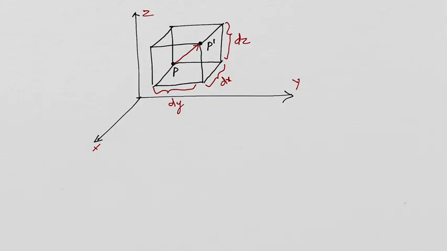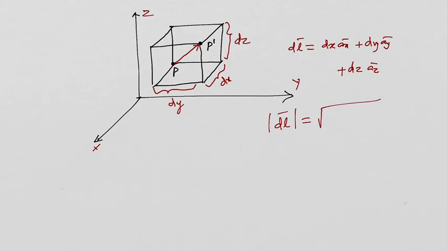So how will you represent the differential vector? dl is the vector dx ax plus dy ay plus dz az. This is the vector joining the point P to P dash. The new point is the P dash point. The distance of P dash from P is given by the magnitude of dl, which is the square root of dx squared plus dy squared plus dz squared, right?